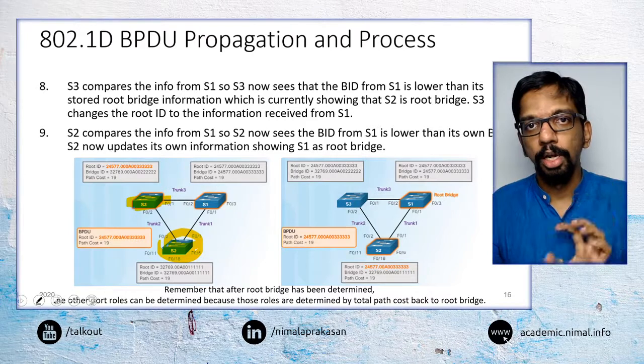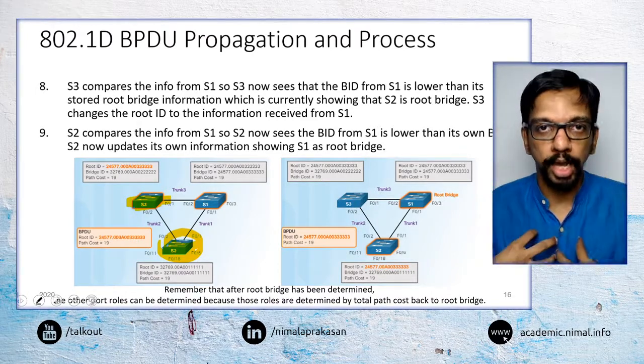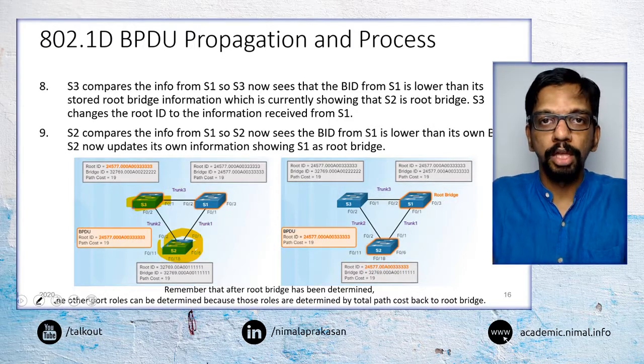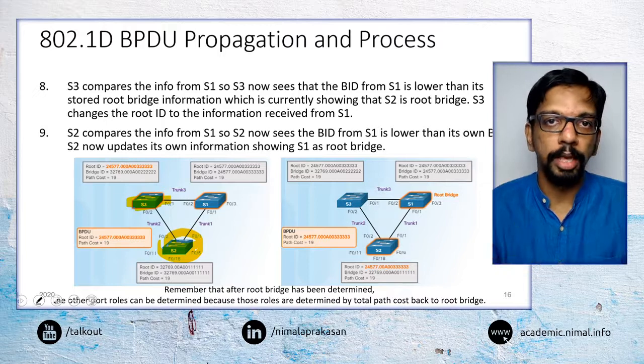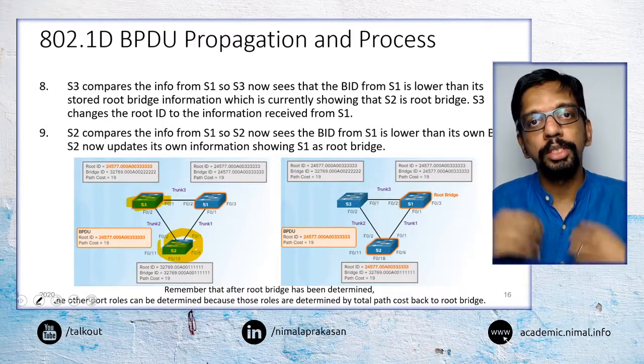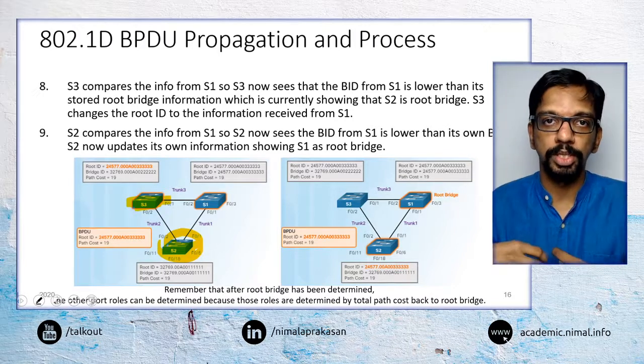Say, for example, a new switch comes online. It will send out the information saying I am the root bridge. Then the other ones will compare and see if the one that is claiming has the lowest BID. If it does, they will update themselves. If not, they are the lowest, and they will send that information out.